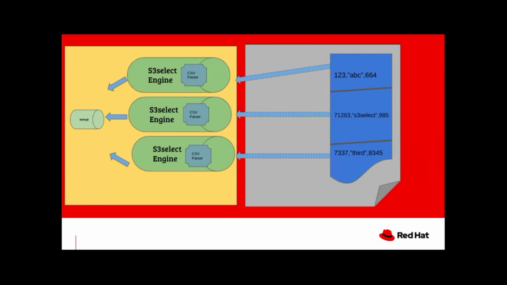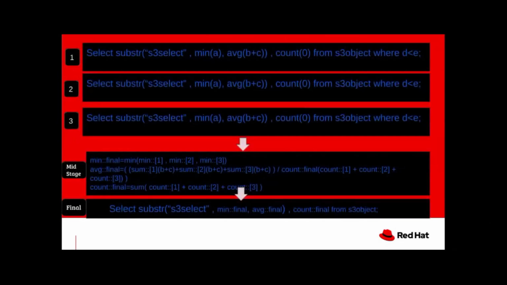In this slide, I want to demonstrate why scaling up could be quite complex. You can see here an aggregation query: select substring of some constant text with aggregation functions like minimum, average and count.